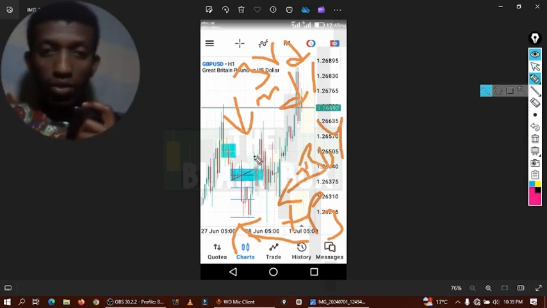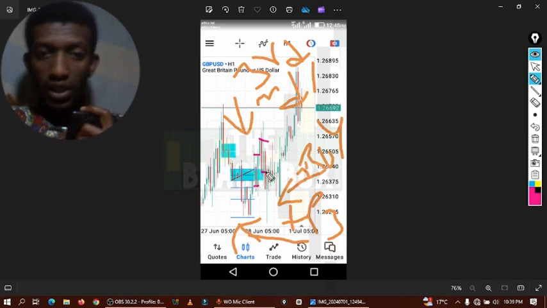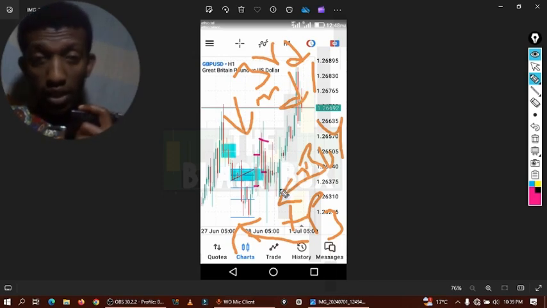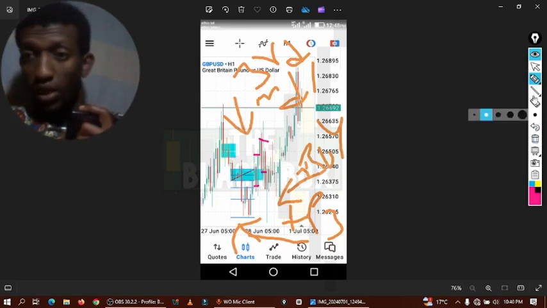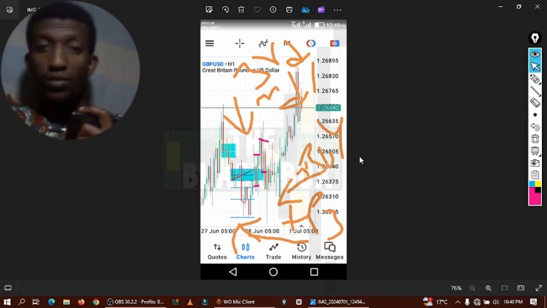I use this for directional purpose only. I measure another Fibonacci, and then okay, this is where it gets interesting. Now the market is getting interesting.